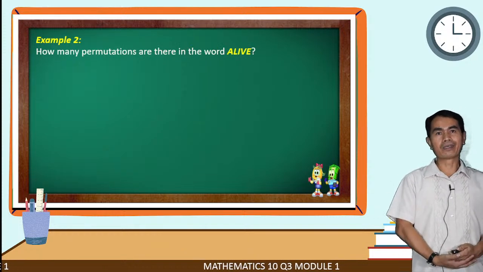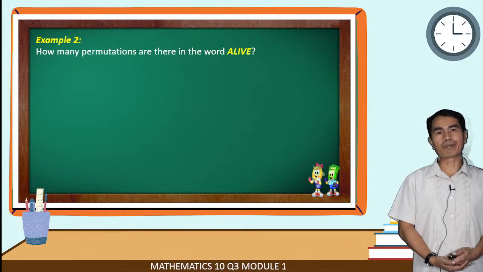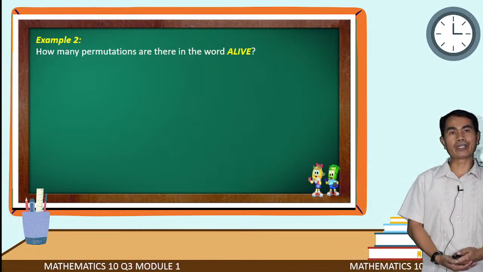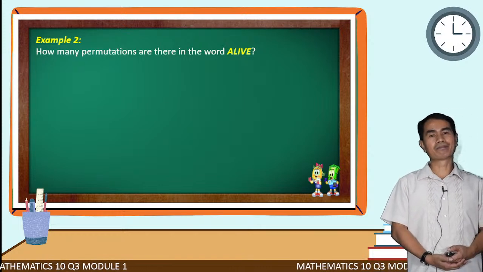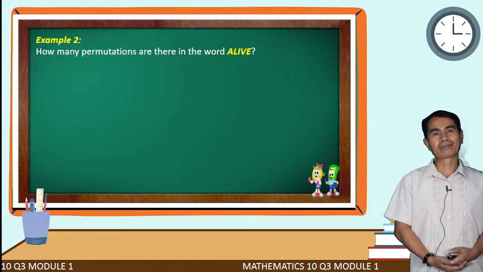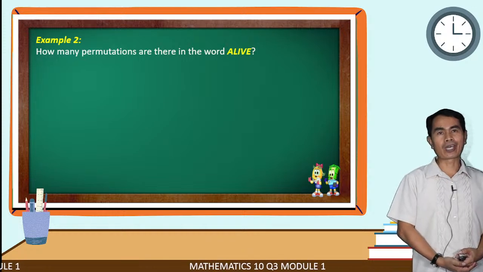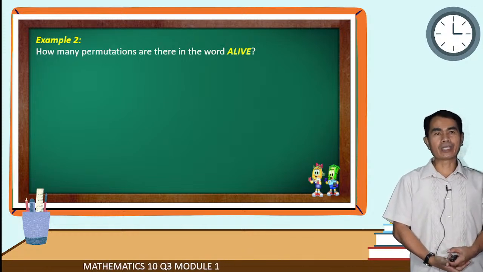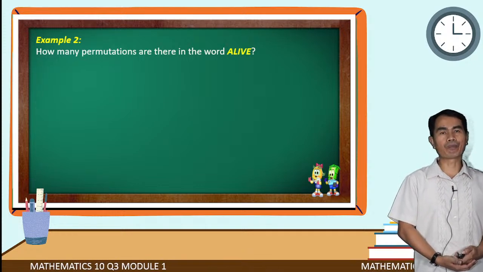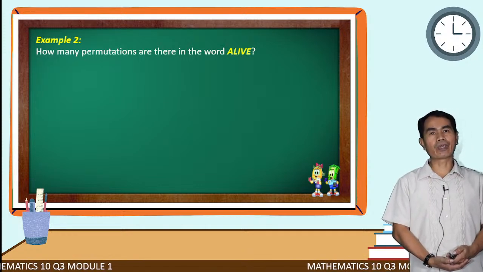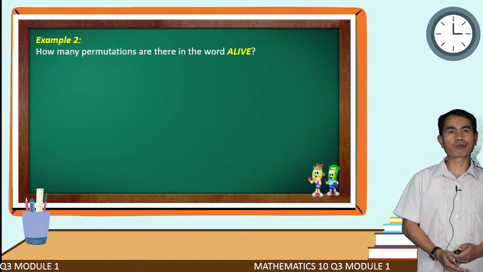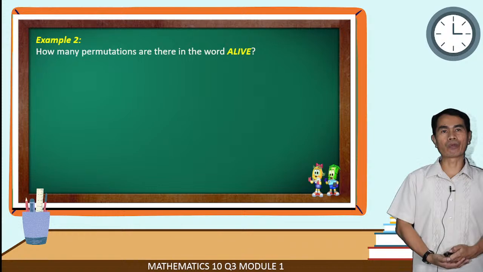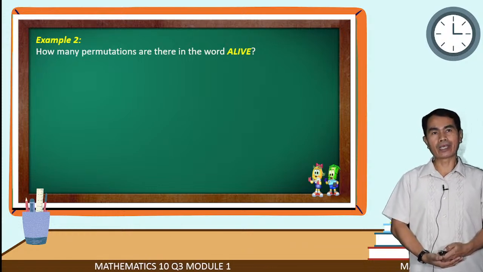Next example, to deepen our understanding: how many permutations are there in the word alive? Compute how many possible arrangements there are, with or without meaning. Take note, we are going to use all the 5 letters to form a word with or without meaning, so we will just rumble those letters.